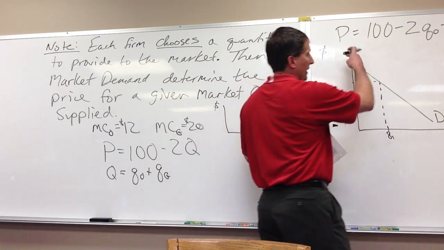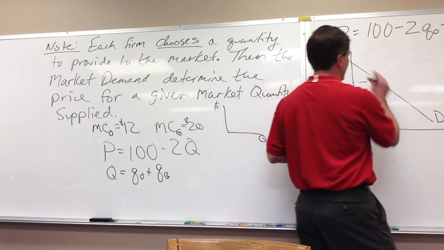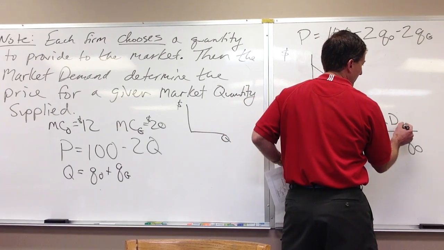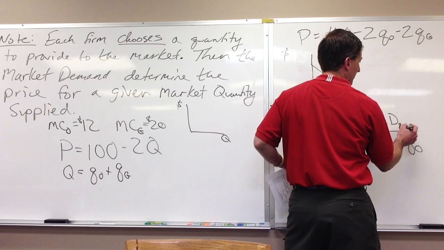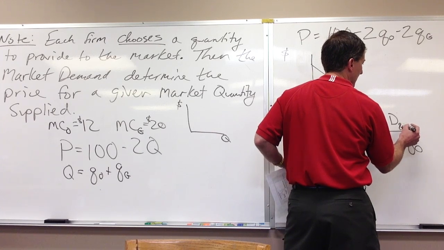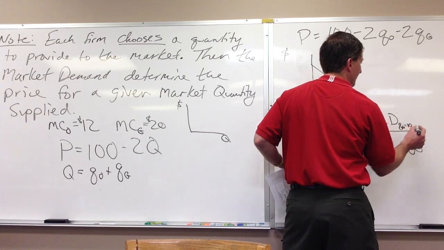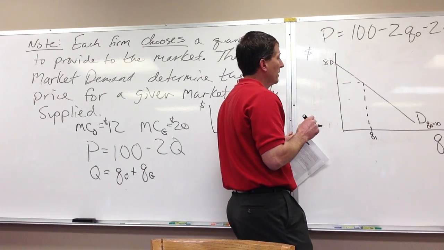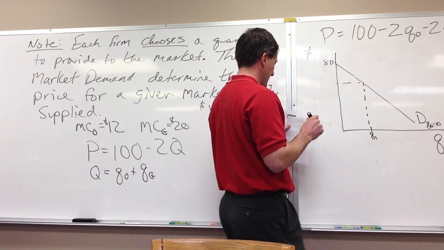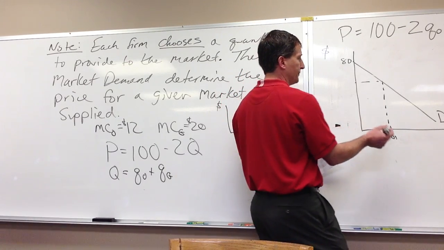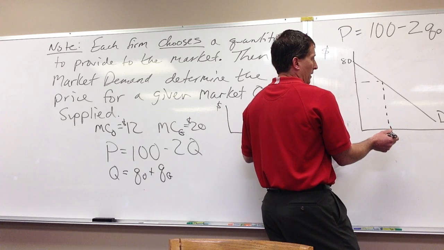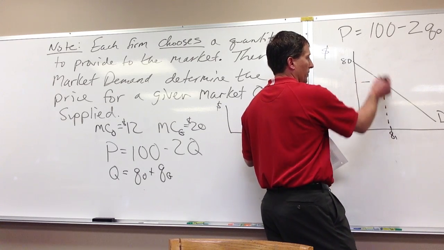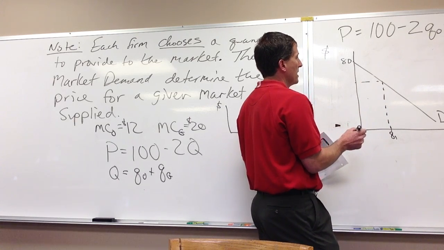Before we go there, though, I wanted you to think about this. So let's go ahead and write that out. If quantity of Grease Tech equaled 10, then this intercept becomes 80. And this is kind of a quick and dirty diagram. Now we'd be able to figure out our line.